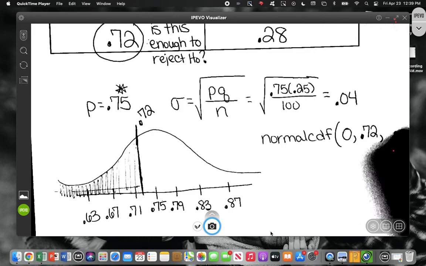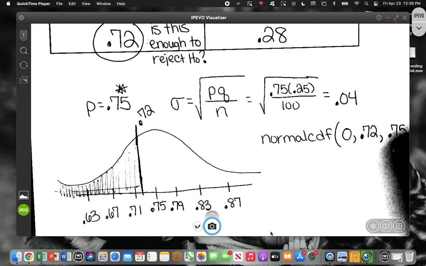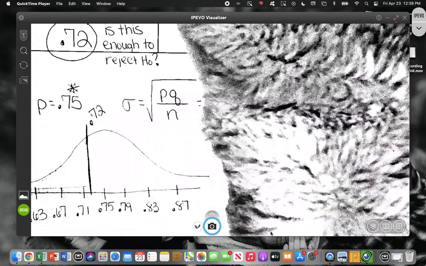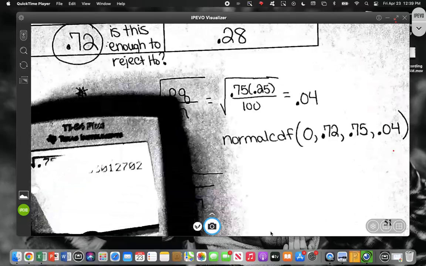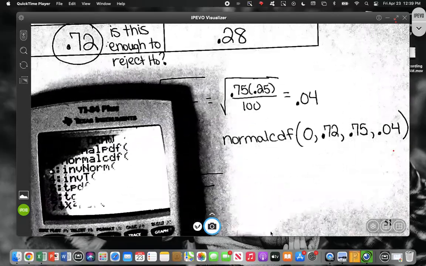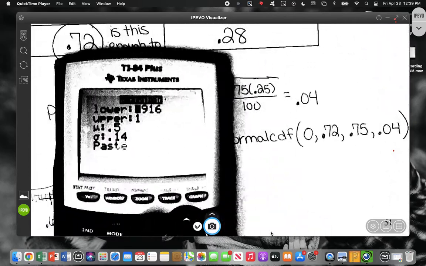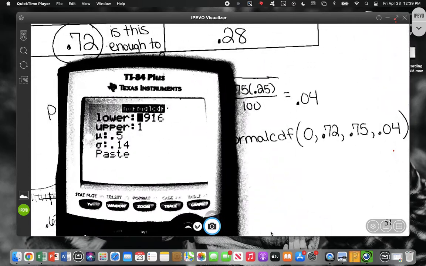And our mean is our p-value, which is 0.75, and our standard deviation is 0.04. If we plug this into normal CDF on our calculators, we've got a lower of 0, an upper of 0.72, 0.75 as our mean, and our standard deviation is 0.04.